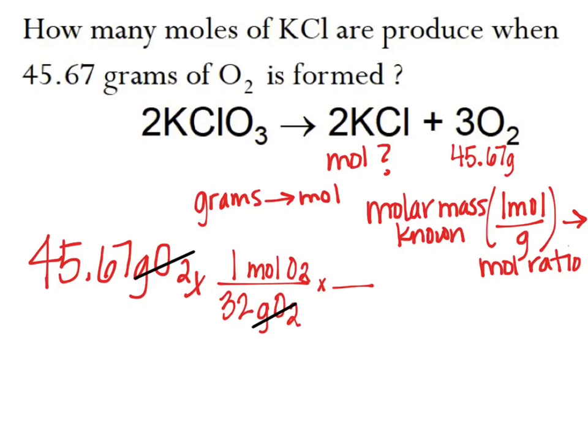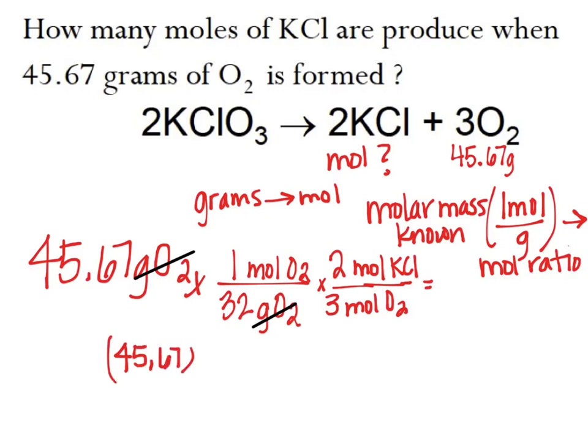So what's the coefficient in front of oxygen? 3 moles of O2, and on top we need 2 moles of KCl. And now we're ready to multiply 45.67 times 1 times 2 over 32 times 3.